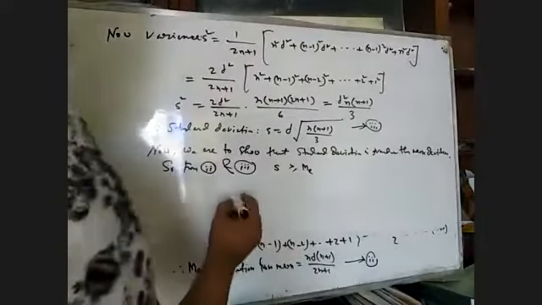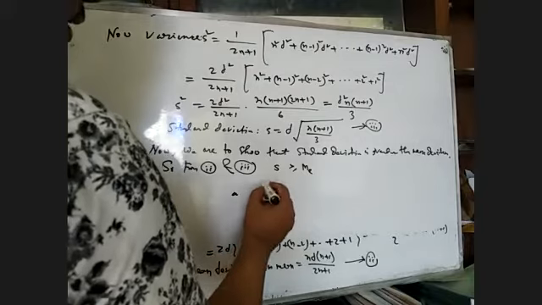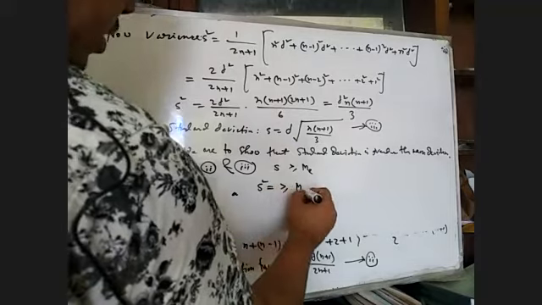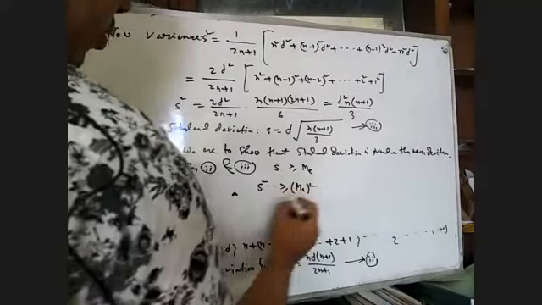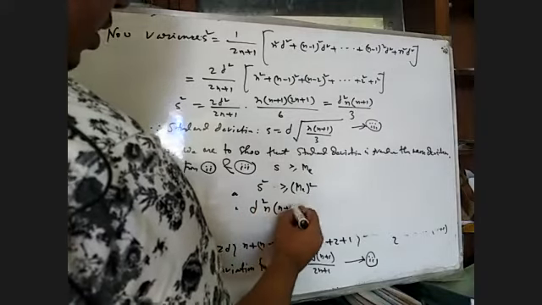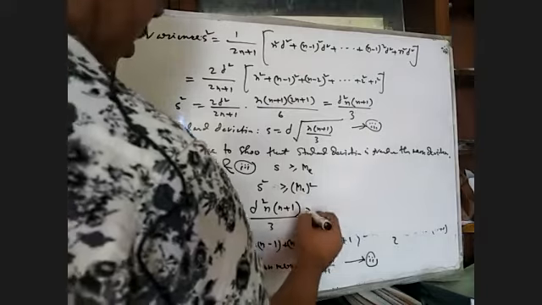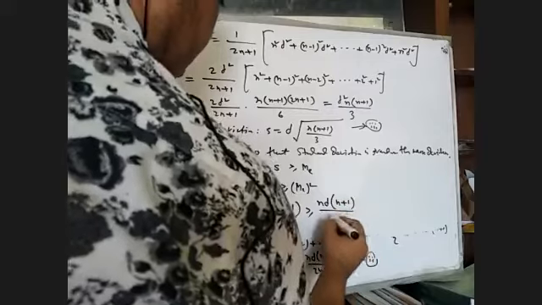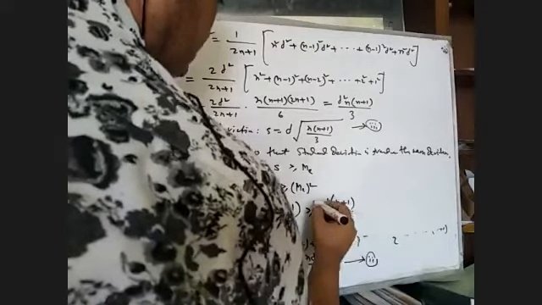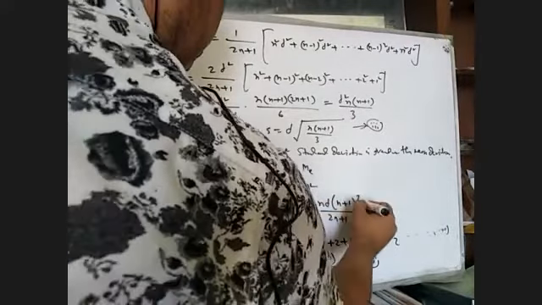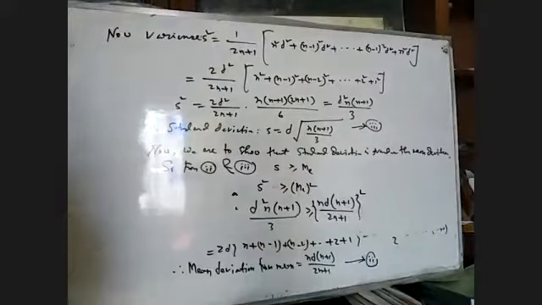So from these two equations, s square is greater or equal to mean deviation whole square. s square means d square n plus 1 by 3 greater or equal to nd into n plus 1 divided by twice n plus 1, whole square. From equation 1 and 2 and 3. Remember it.